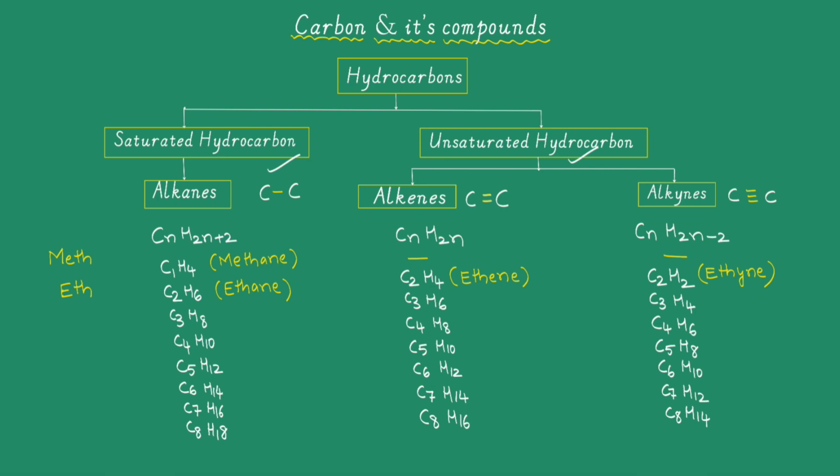Then if there are 3 carbons, there will be the prop prefix. So this will be what? Propane. This will be propene.